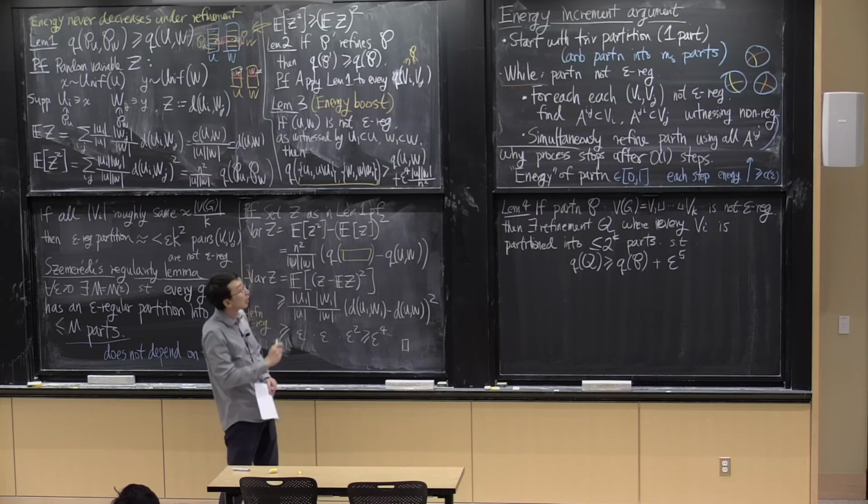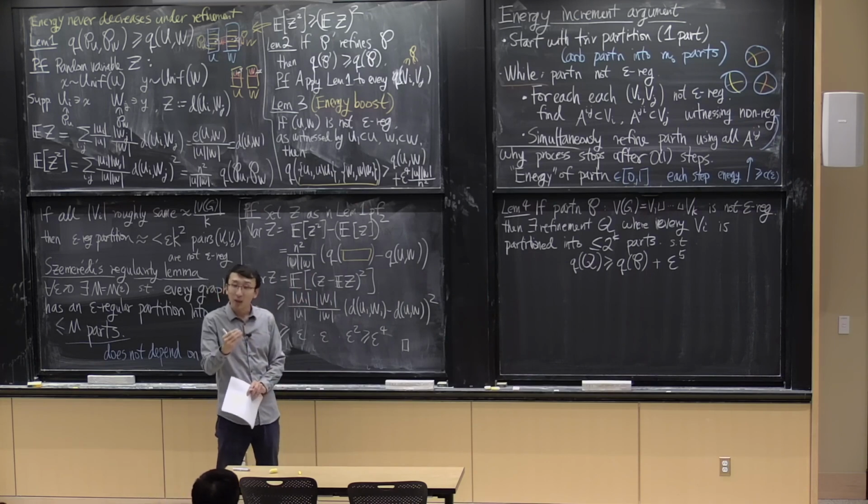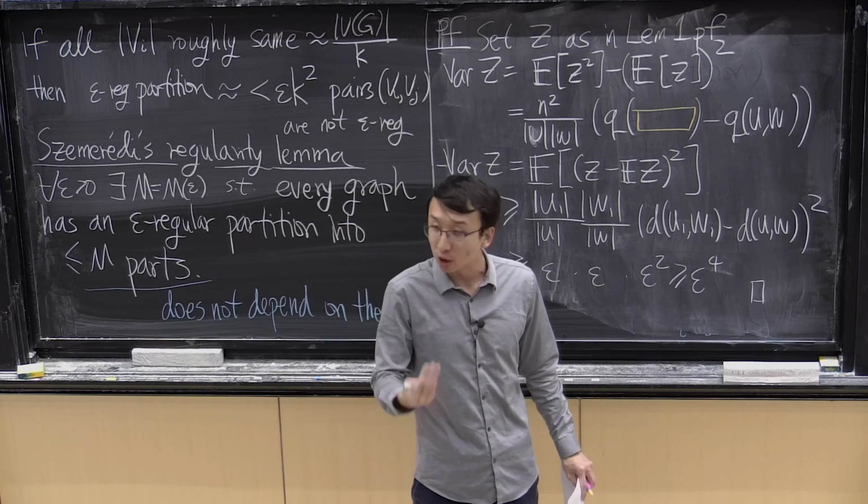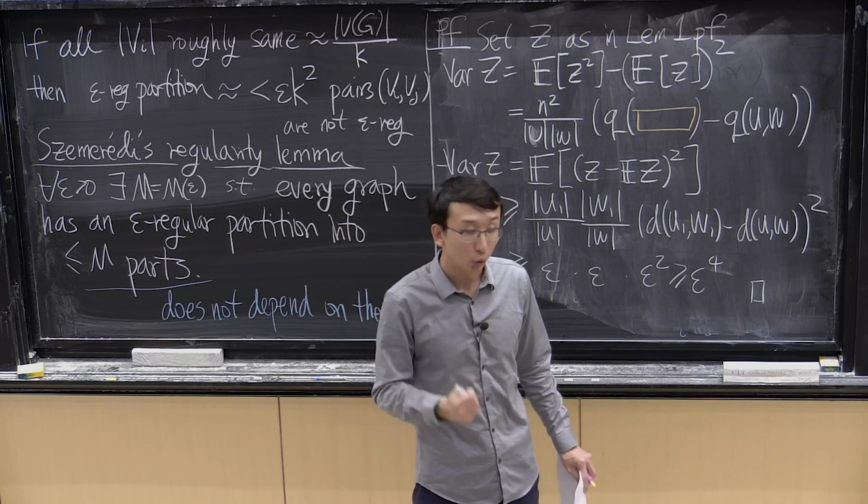And so if you look at the strategy up there, if you can do this every step, then that means that the number of iterations is bounded by 1 over epsilon to the 5th power.